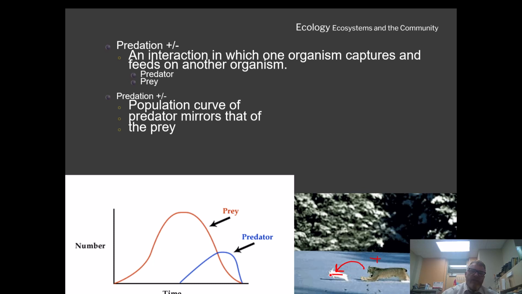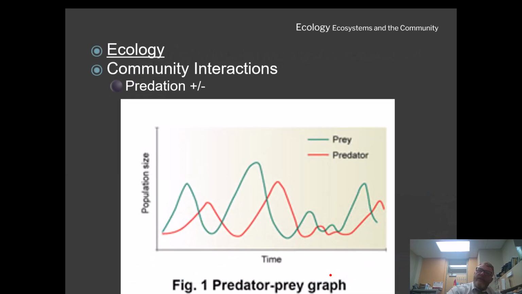Now, if we look at a predator-prey graph, this is what they look like. You see that they are very similar. If I move this back a couple of inches, you see how they mirror each other very well. The reason is there's this lag period between here and here.